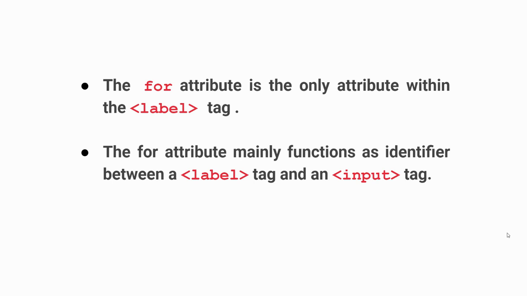And it would also be strange to have an input tag without a label tag, which will just show an empty box and nothing to describe what the box is meant to contain. That's why the for attribute is important. It functions as the identifier. So whatever the input tag contains within its attributes, the for attribute assigns that it would also contain that within the label tag.